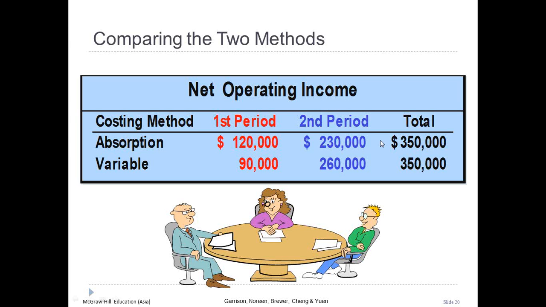But in the second period, net operating income was higher with the variable expense method. But in the two periods combined, it works out to be the same. So over time, it is possible that the cumulative effect is the same. However, good managers want to know period by period the effect.